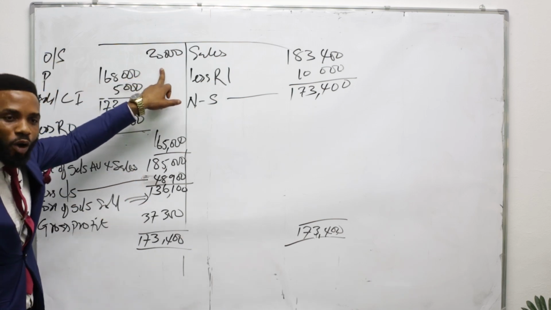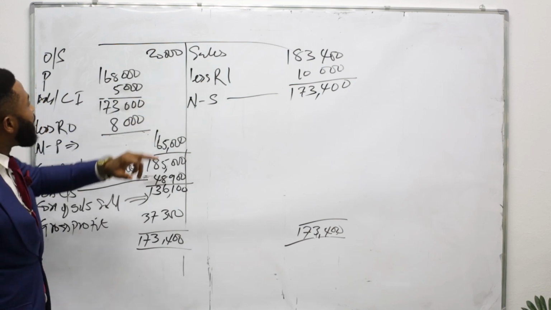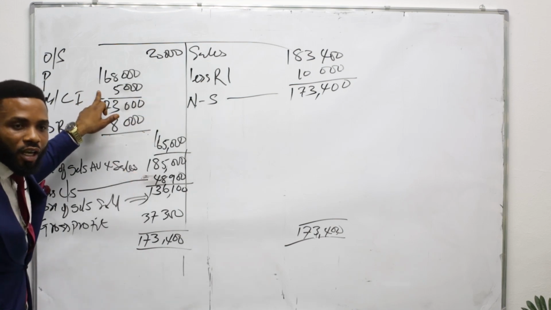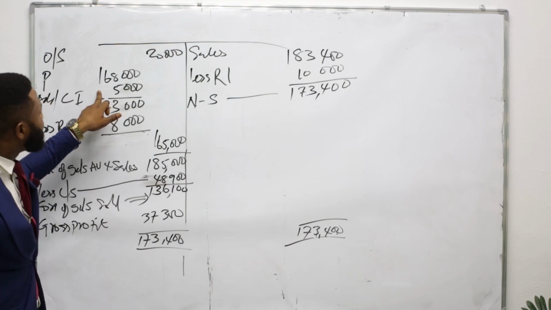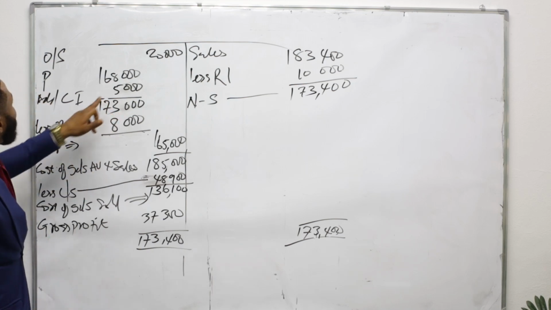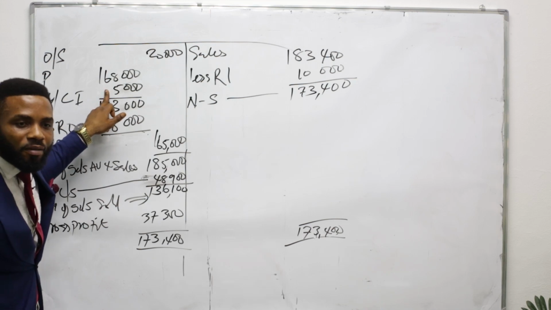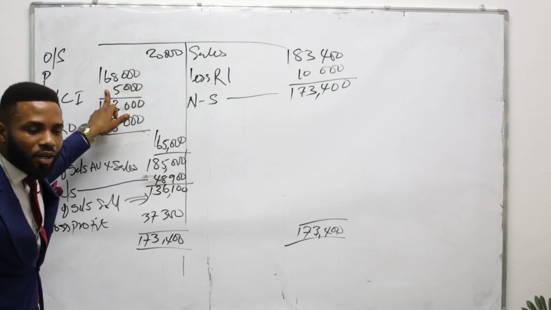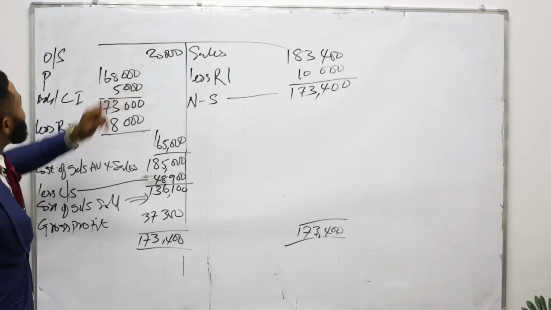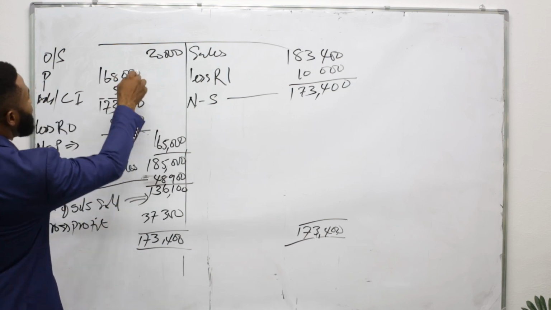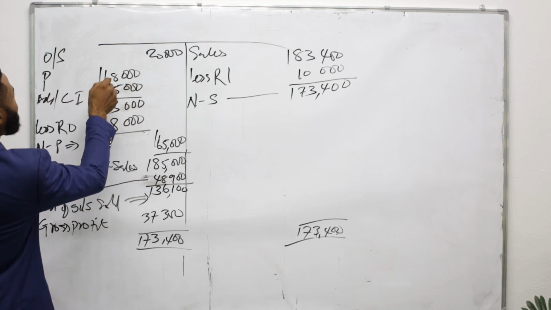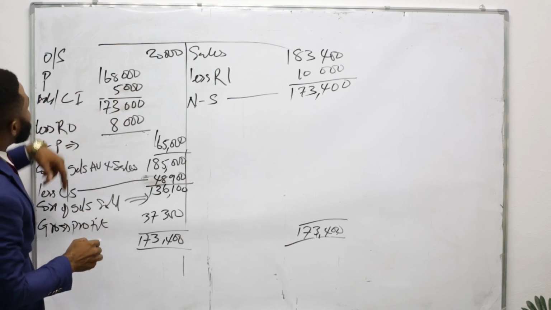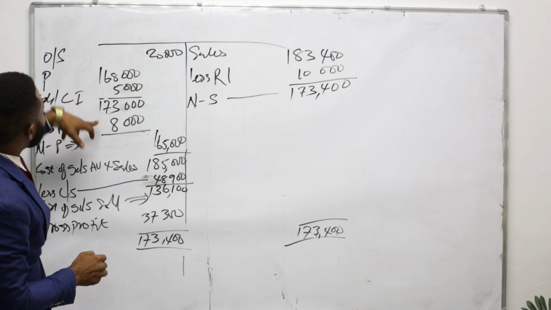Your opening stock is 20,000, and then your purchase is 168,000, and then your carriage inwards is 5,000. Here plus here, you go over it again. This is 13,000, carry 1, this is 7, and that's correct.